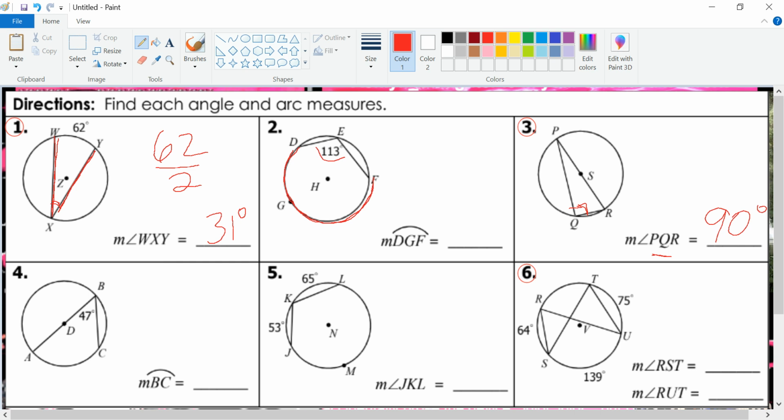So then, now it's up to you. You're going to combine the two ideas from the first three questions, as you now have a diameter, so you know how much this is equal to, right? Semicircle. And then you have 47 degrees here, so then you can figure out what this angle out here is, right? This angle over here, you have an inscribed angle, so you can tell how long this arc is.